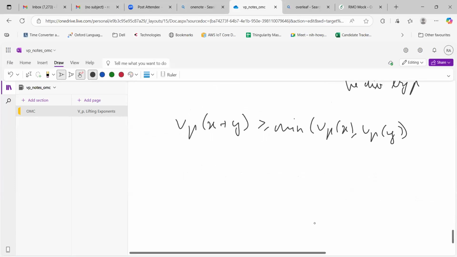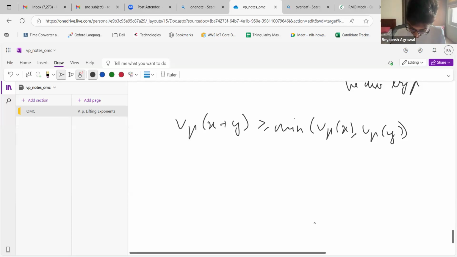But if vp of x is equal to vp of y, then the equality may or may not hold.